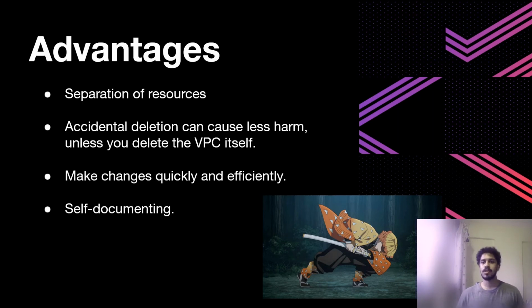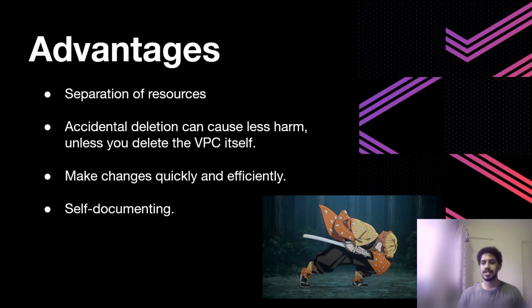Accidental deletion can cause less harm because say you run it inside a folder which is a small subset of your resources. There is no such thing as preventing disaster completely, but we can at least limit the harm that we face due to the disaster. So this can help with that.